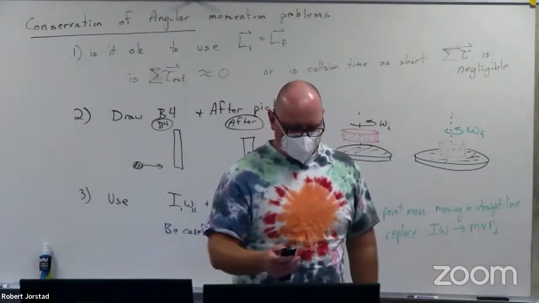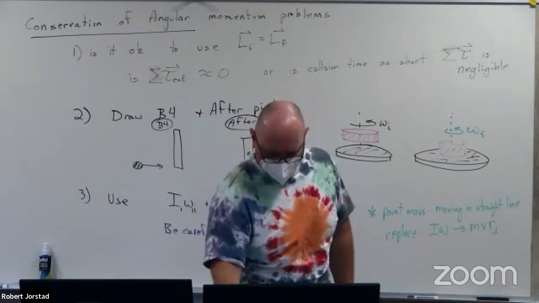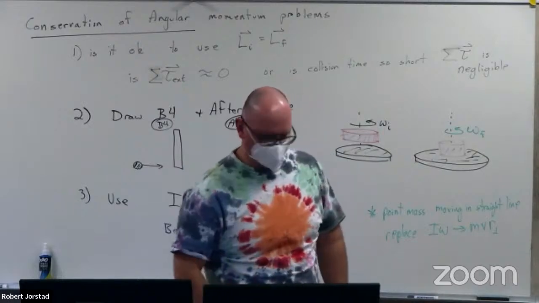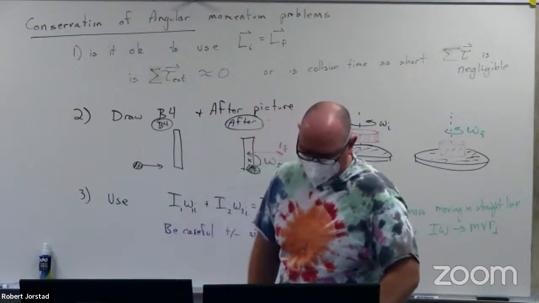Let's move on to neutron stars. Screw it. Oops, there we are. All right, I forgot to show people on Zoom. Whatever. It's a disc and a ring. Let's look at 11.6, will you?